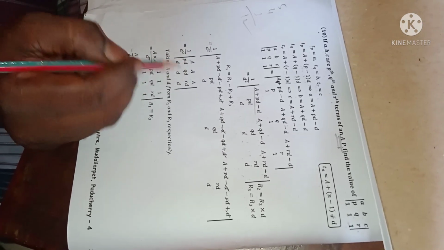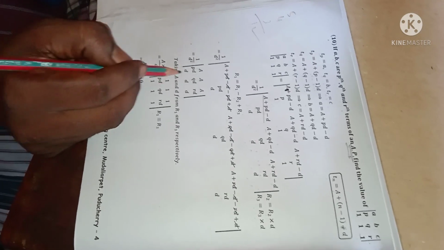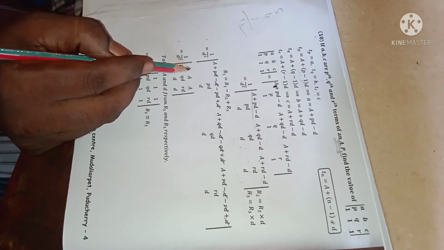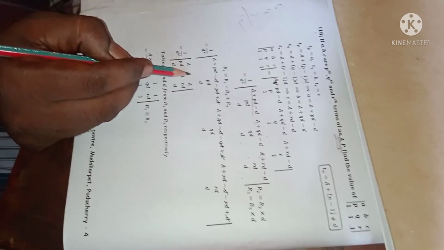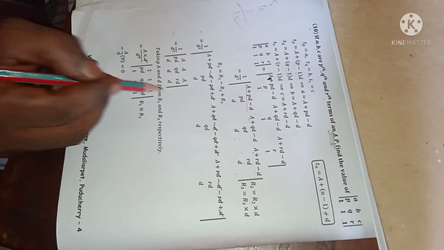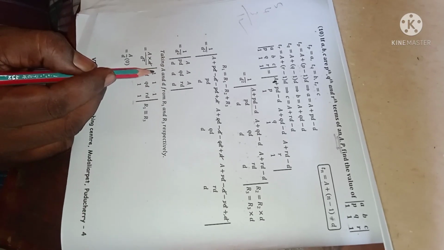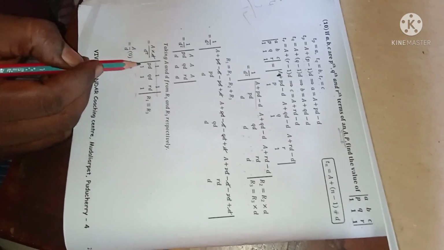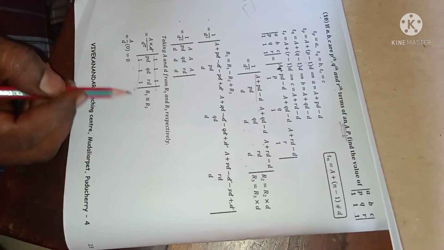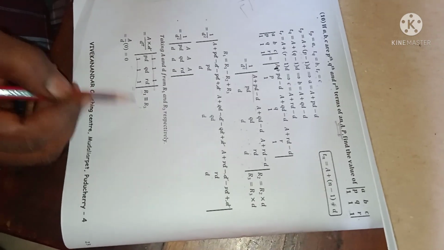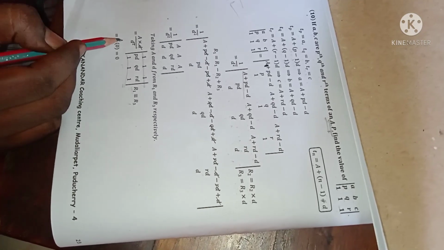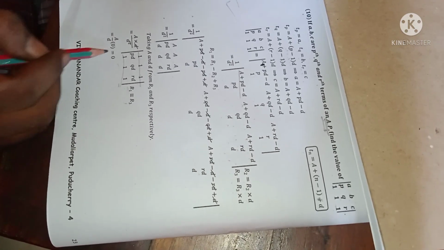Take out A means 1, 1, 1; take out d means 1, 1, 1. So now the first row and third row are identical. If any two rows are identical, then the value of the determinant is 0. So A by d into 0, we get the answer is 0.